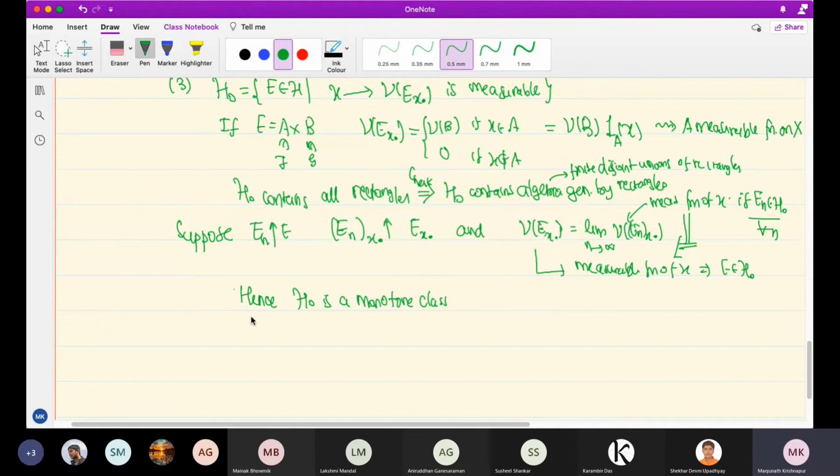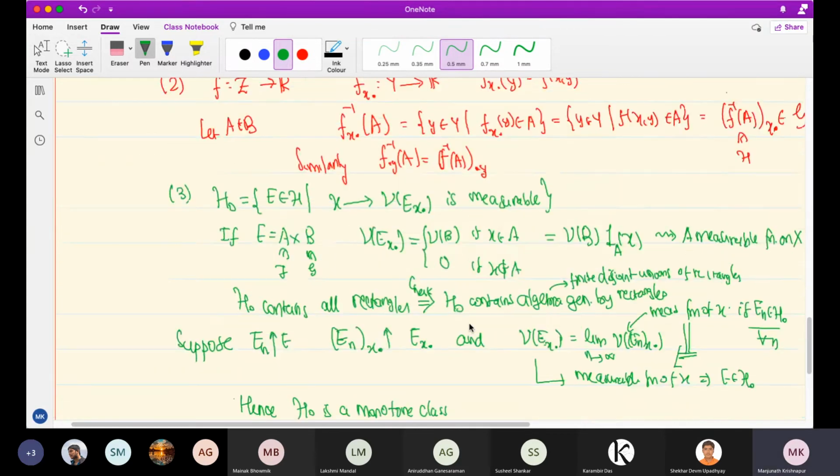H0 is a monotone class. So by the monotone class theorem, H0 is equal to H. Okay, so that finishes the proof.